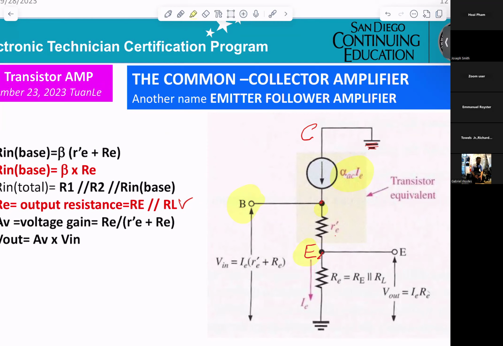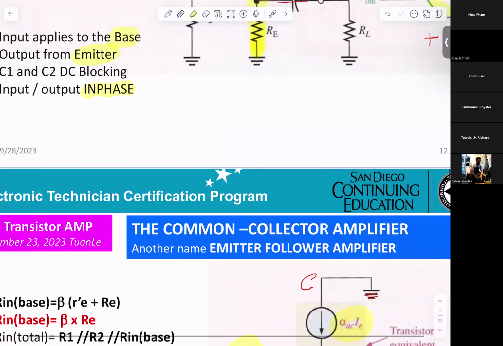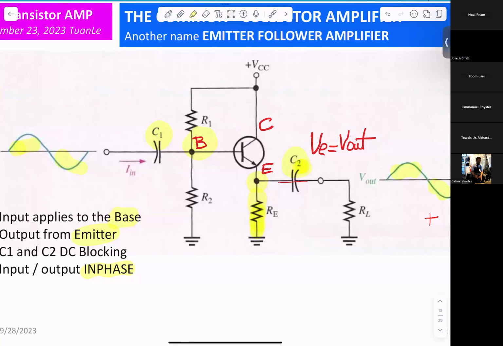That's the current. And from the base to the emitter, you get r prime e. From the emitter to the ground, you get RE.